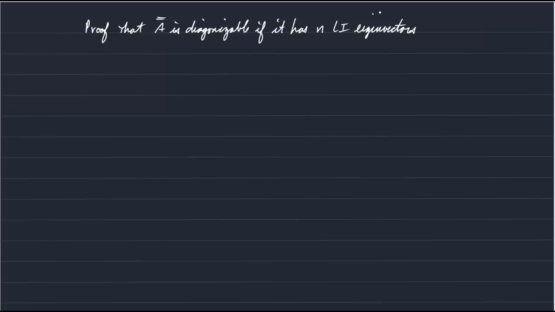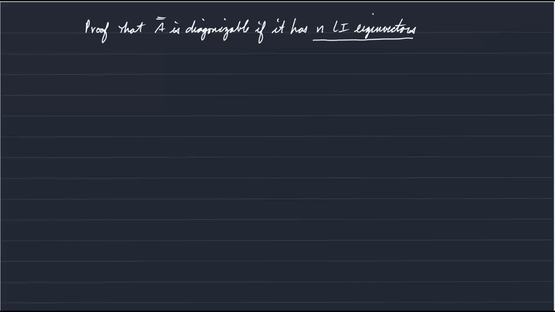So, proof that A is diagonalizable if it has n linearly independent eigenvectors.